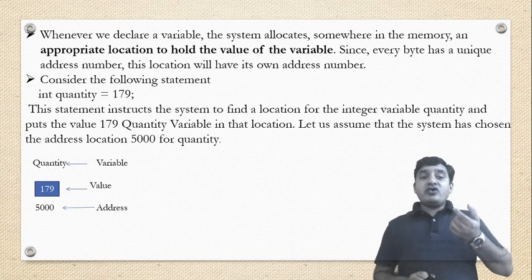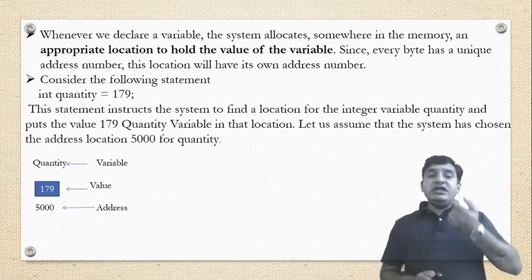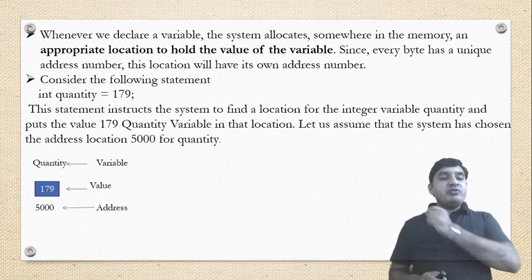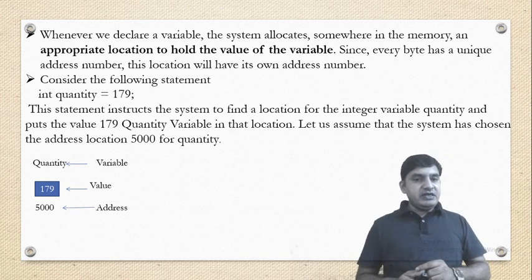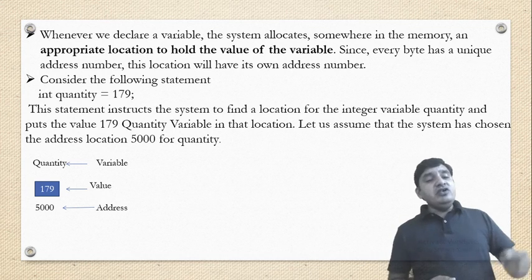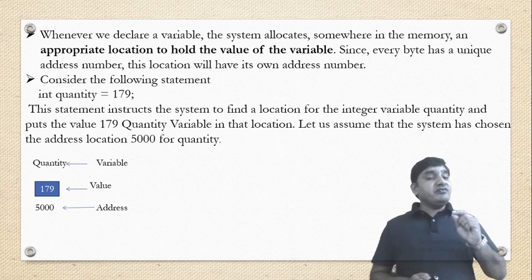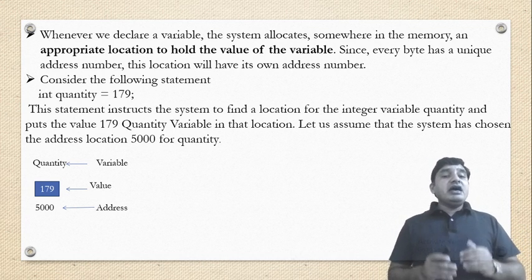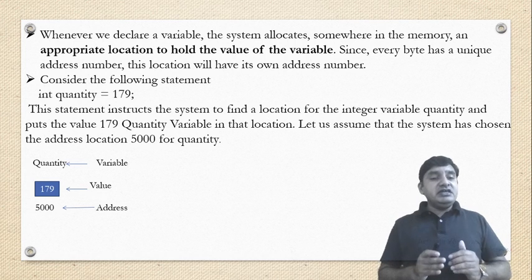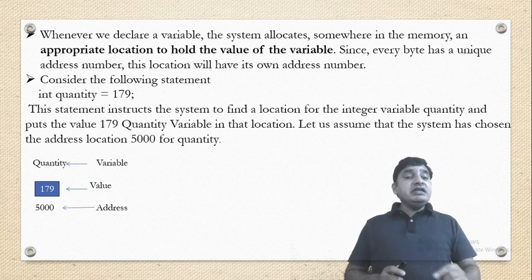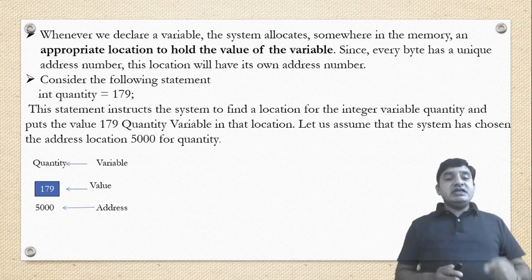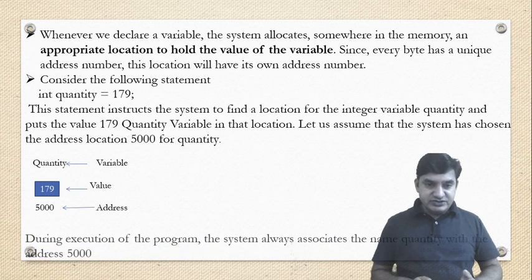The value 179 is stored at the unique address 5000.